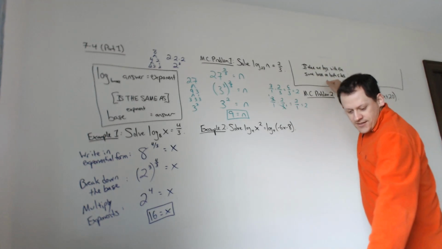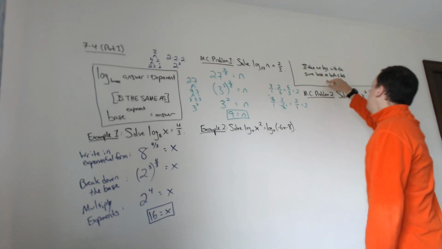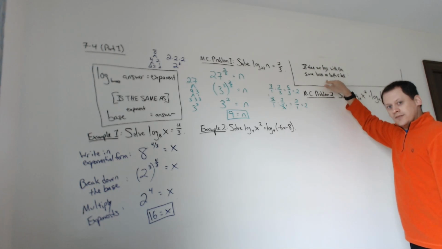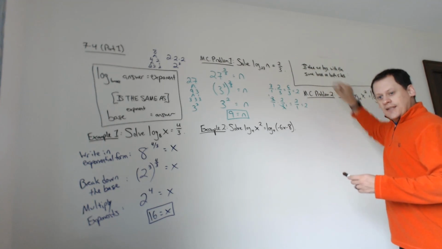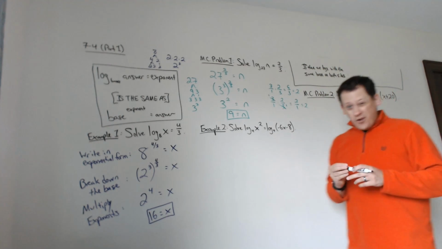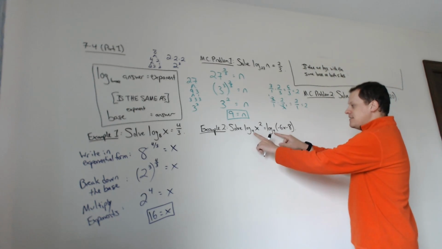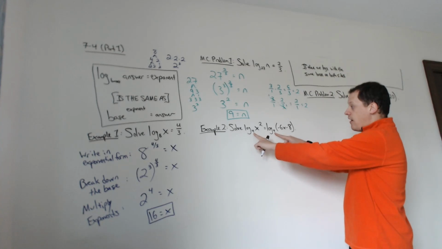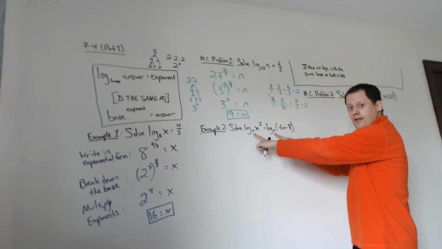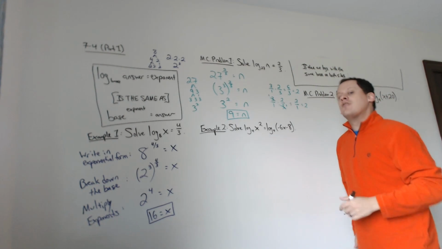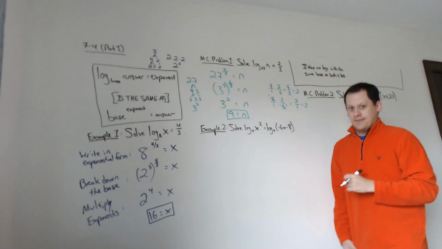In your notes, it says, if there are logs with the same base on both sides, colon, fill in the blank. If you've got an equation you need to solve that has a log on both sides, and the bases are the same, which they are here, they're both 4s, what you can do for the very first step of the problem is something amazing.